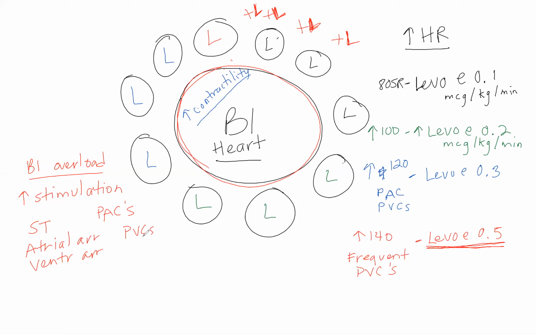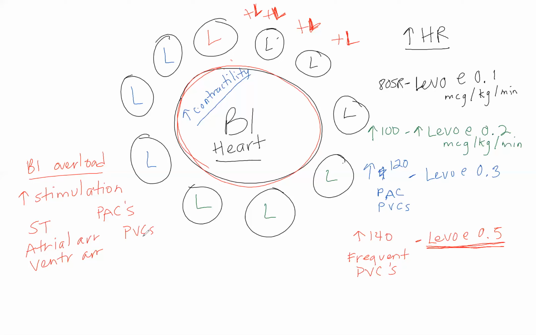One of the other important things to recognize when we talk about stimulating receptors is that if I already have a patient in atrial fibrillation with a rapid ventricular rate, in the 180s and also hypotensive, the beta 1 receptors are already very stressed out.